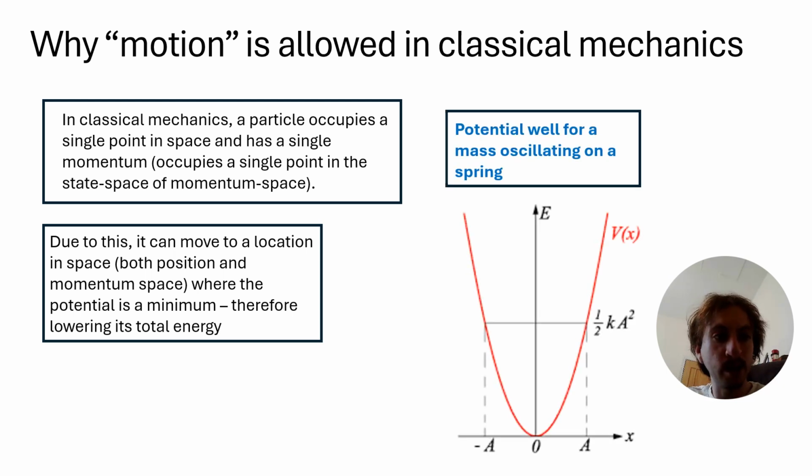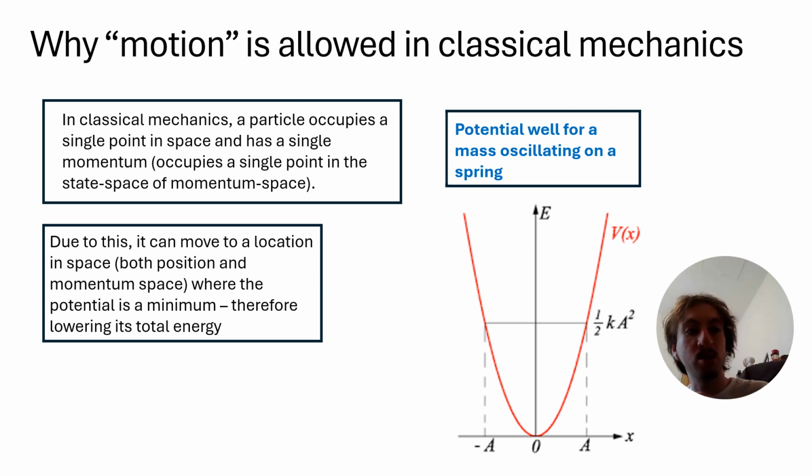And this leads to the idea of a potential well. So here we have a potential well describing the potential of a mass as it's oscillating back and forth when attached to a spring.